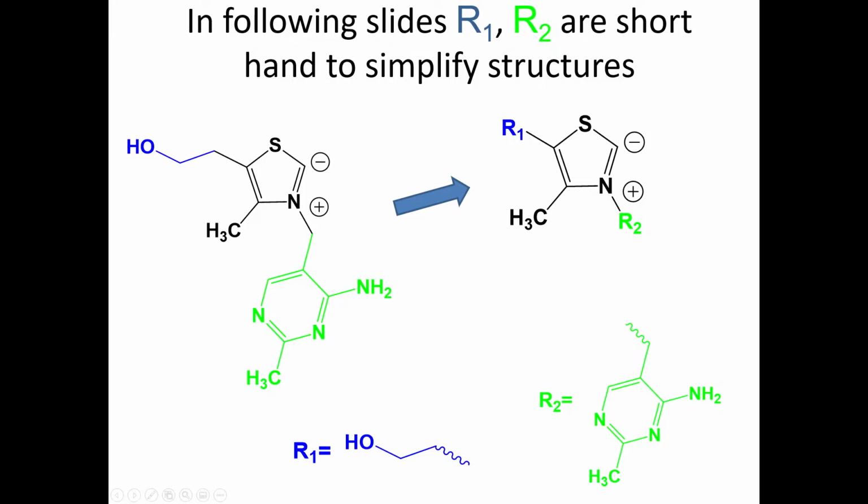You're not going to see any charges move towards these other groups, or these groups be really touched at all. So normally we just hide them away with a letter, so R1, R2, just to show that while they do exist, they're not going to be important for the actual mechanism. So for now, all we really need to focus on is this part of the thiamine molecule.